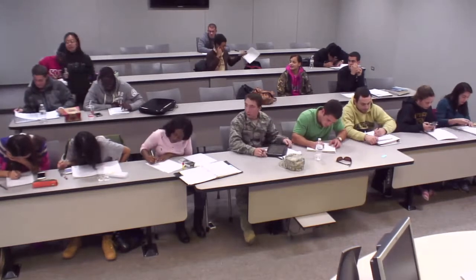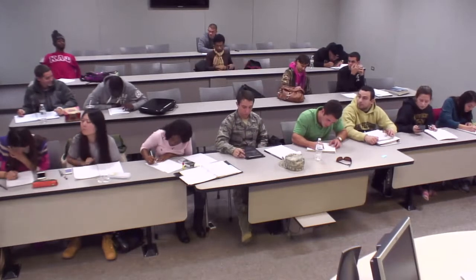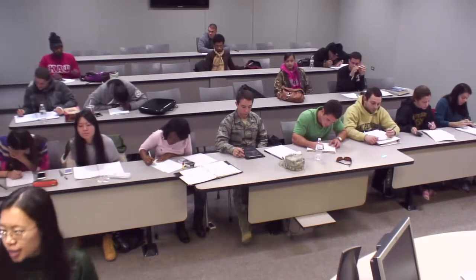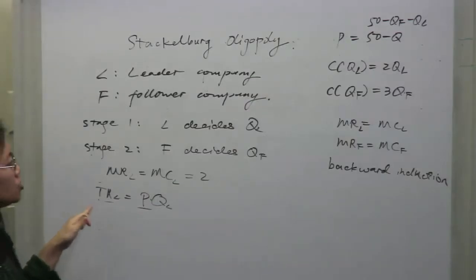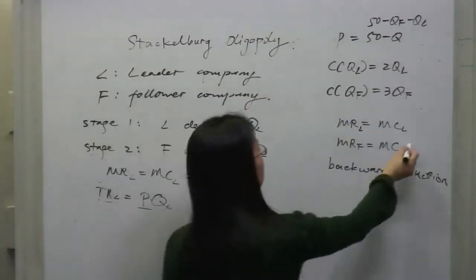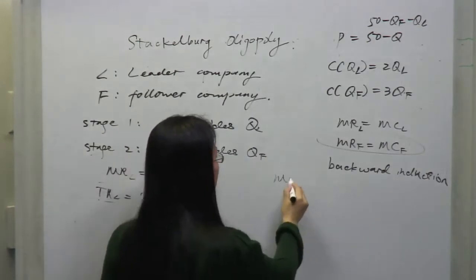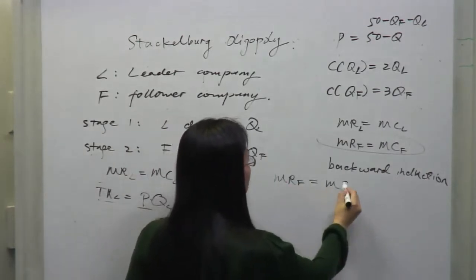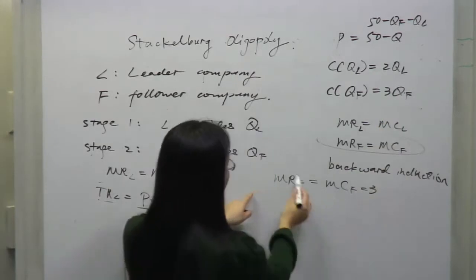All right. Okay. So guys, I think that most of you got quite far. So first, you're not going to start with the leader. You're going to start with the follower. I'm going to spend a minute here when we continue. So we know the follower's marginal cost is 3 here.